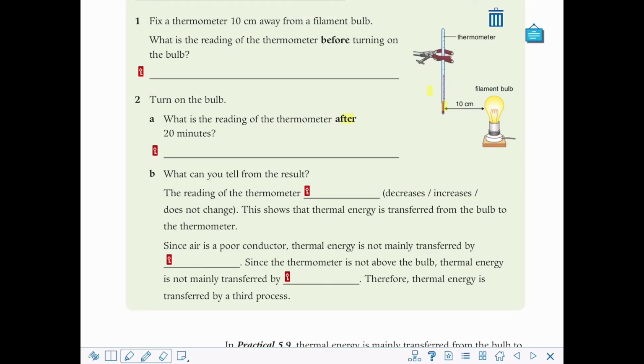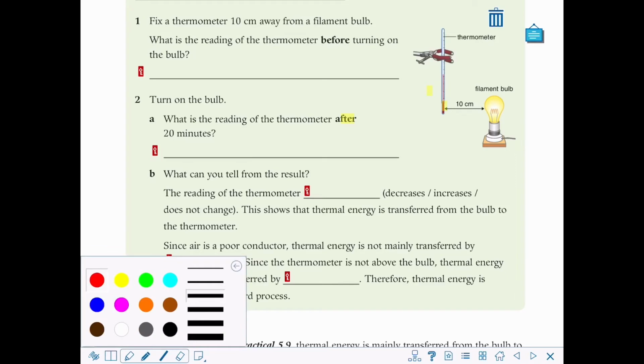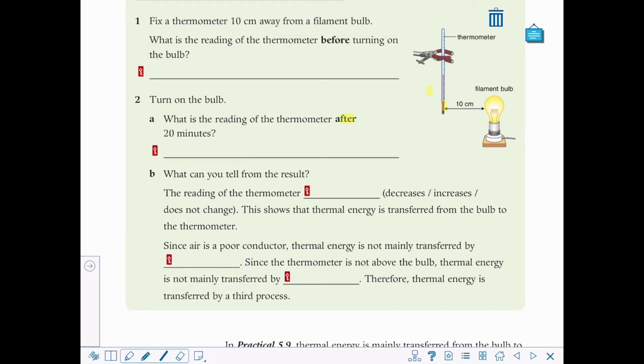Now here is the answer. Number 1. Fix a thermometer 10 cm away from a filament bulb. What is the reading of the thermometer before turning on the bulb? (23°C).